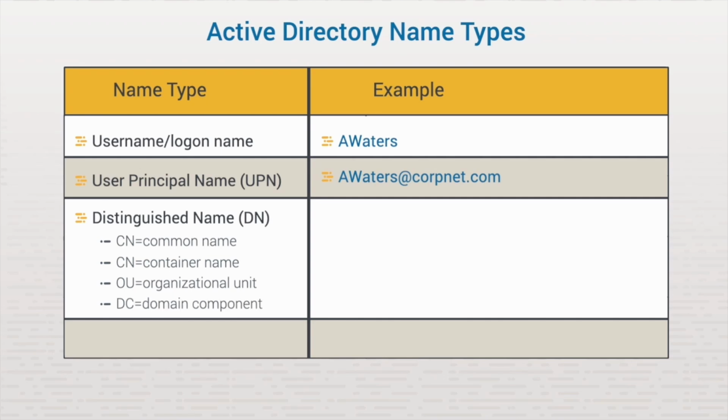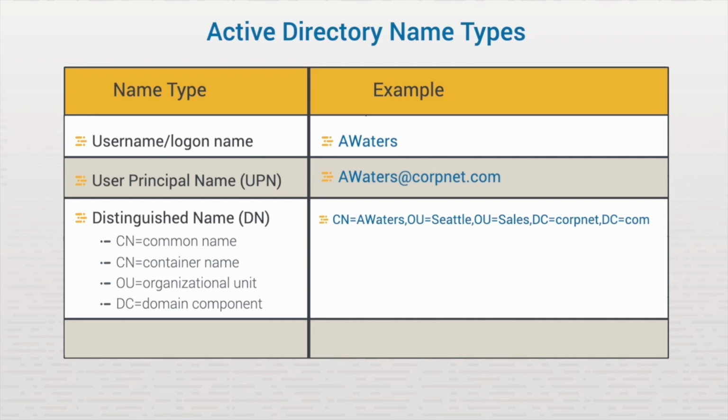So, in our previous example, if the Andy Waters account were in the Seattle OU of the sales OU, the distinguished name would be written as CN=A Waters,OU=Seattle,OU=sales,DC=CorpNet,DC=com.